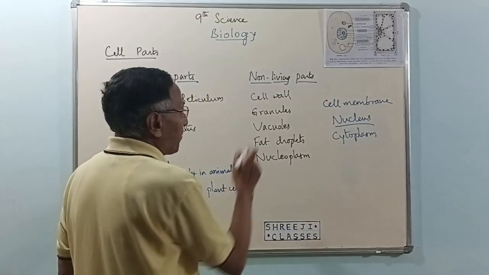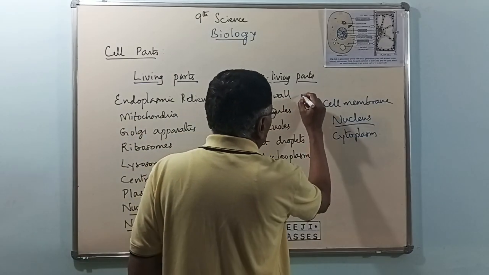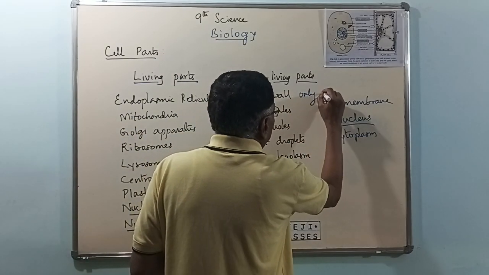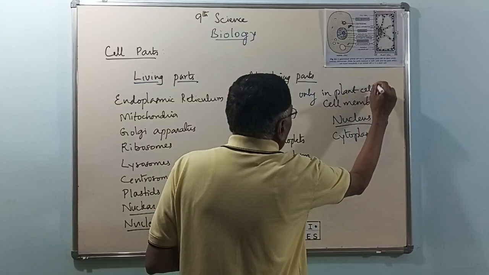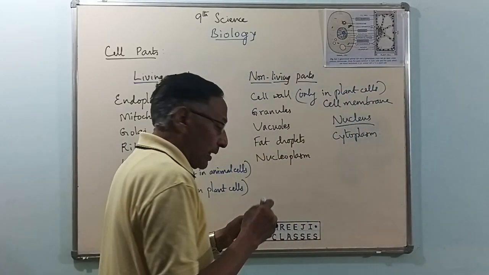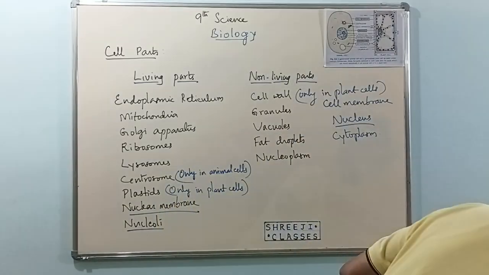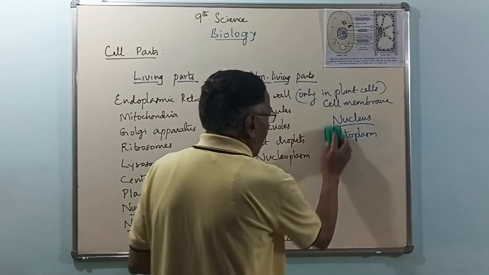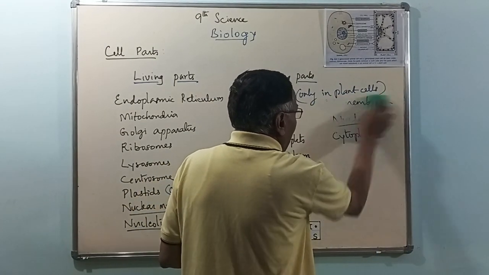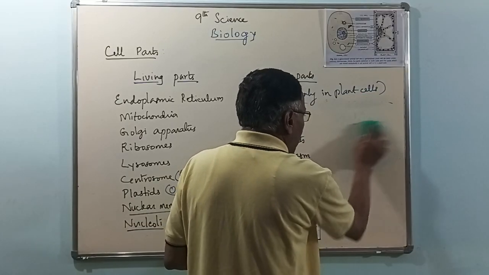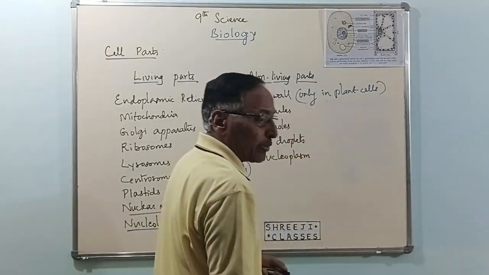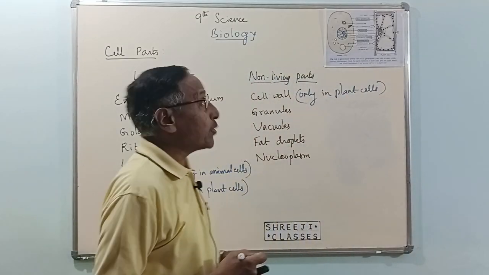For example, the cell wall is there only in plant cells. Then there are granules, different substances in the form of granules. Along with these granules there are also large storage structures which we call vacuoles.